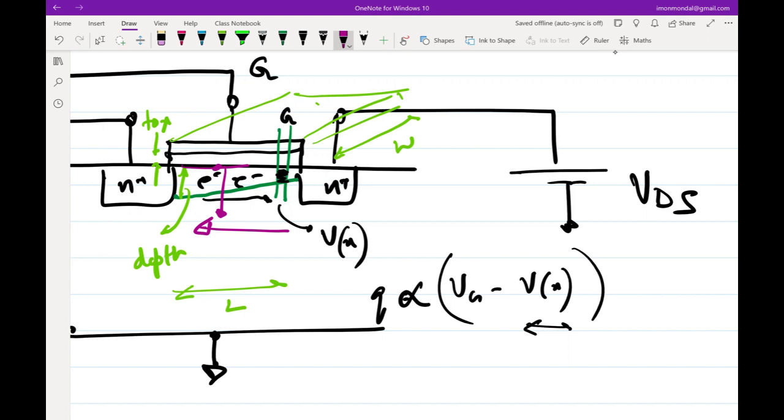So as it turns out, even though I have drawn it as a thick layer, it's not very thick. It's almost like a sheet of charge just underneath the oxide. For all practical purposes, you can assume this depth to be close to zero. So ultimately, it's almost like a parallel plate capacitor with the top plate being the gate and the bottom plate being the sheet of charge.